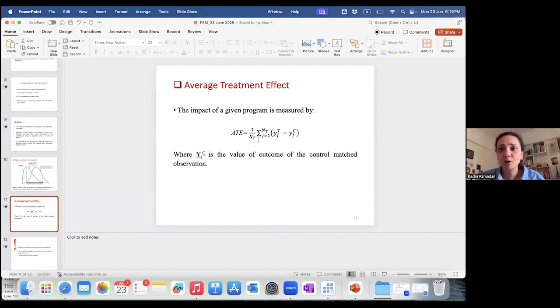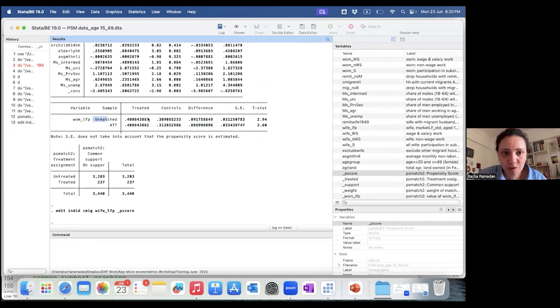It matches the households, the individuals, based on the kernel method, and calculates the average treatment effect for the individuals who are treated. And in the third part of the output, they show you the number of treated and untreated. And as Dr. Yaham mentioned, because the t value is higher than 2, we can conclude that this gap is positive, which means that women participate significantly more in the labor market compared to those who have no migrant.